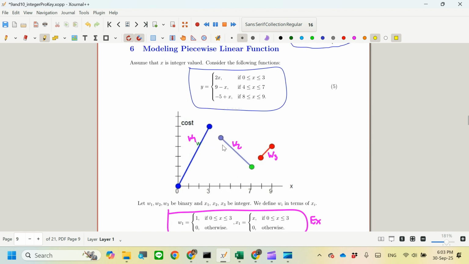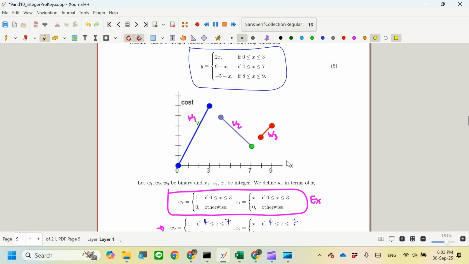So if we plot it out, it's actually this continuous function, like here. So we are going to use three binary variables, W1 for the first piece, and W2 for the second piece, and W3 for the last piece.